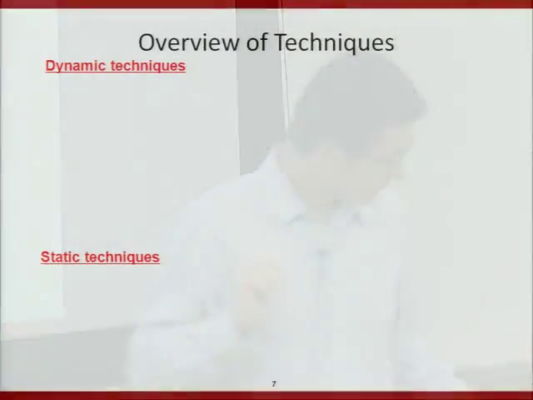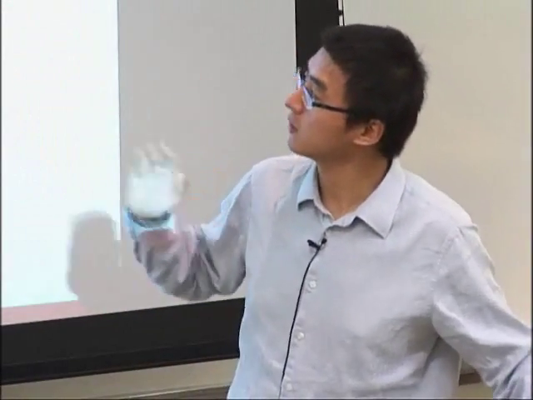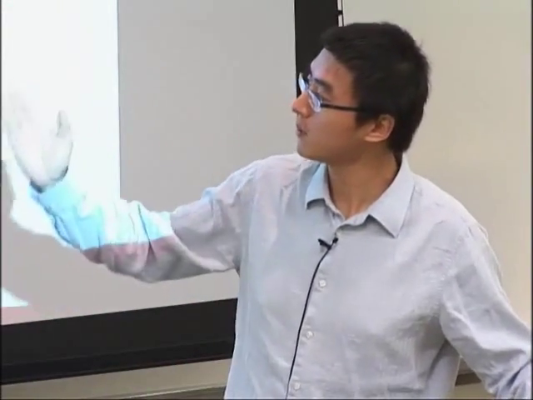All right, so this slide shows an overview of the set of techniques that I have developed for my thesis. For example, for dynamic analysis, we start with profiling the execution to identify certain bloat evidences, like a lot of copies, large cost-benefit ratios, and high memory leak confidences. They're all strong indicators of bloat. And then by analyzing the profiled activities, we generate a bloat or memory leak report.